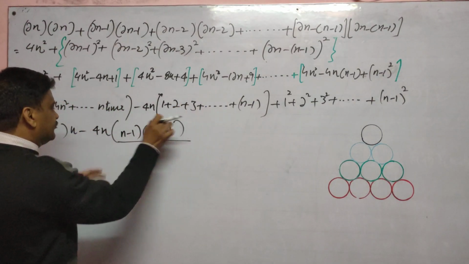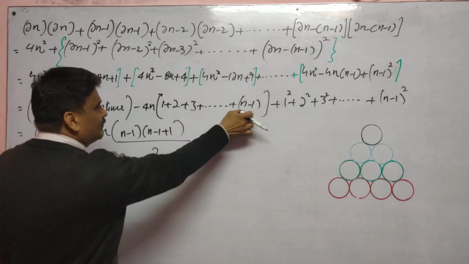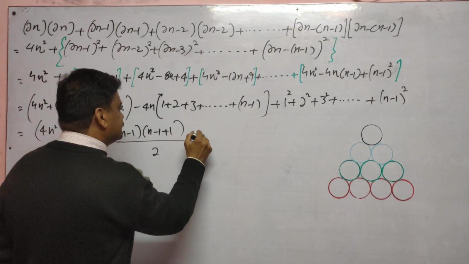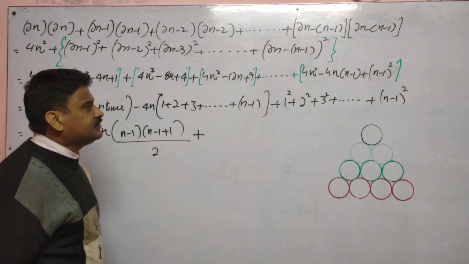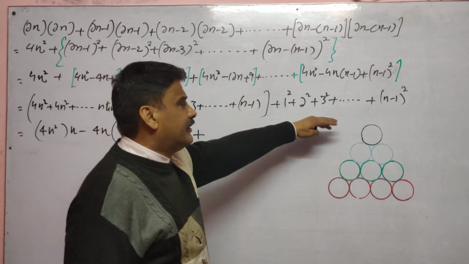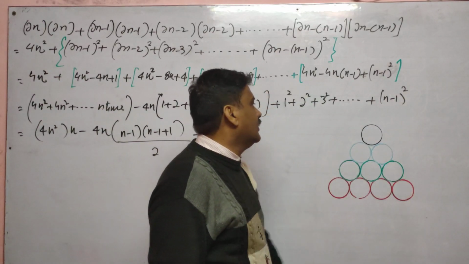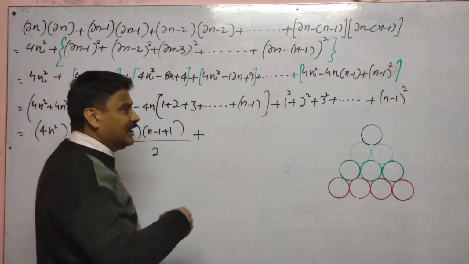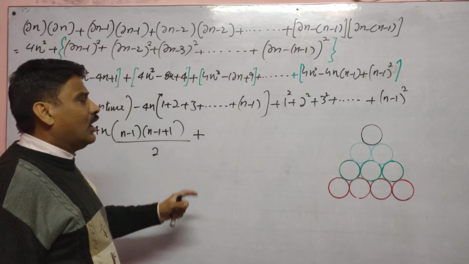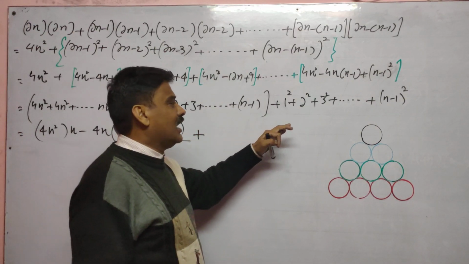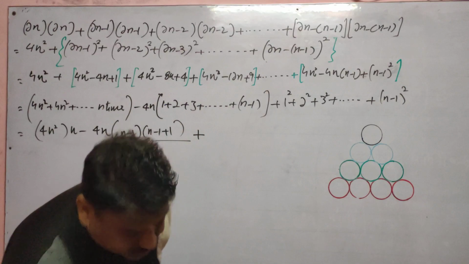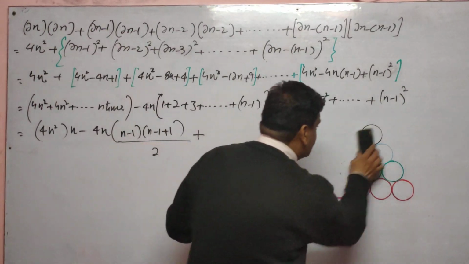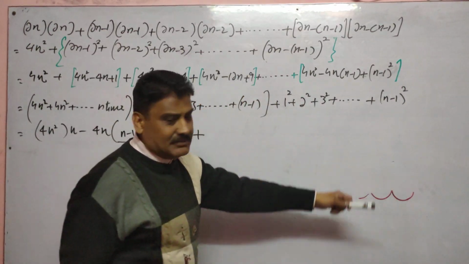This is the sum of these natural numbers up to n minus 1 times, plus this is the sum of squares of natural numbers up to n minus 1 times. And the sum of squares of natural numbers is n times n plus 1 times 2n plus 1 divided by 6. But in this situation we take n as n minus 1.